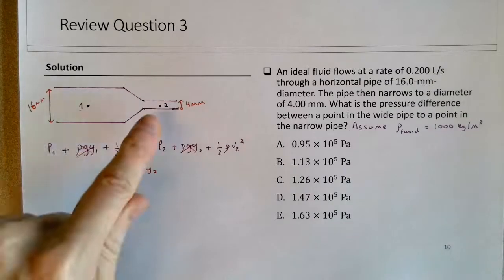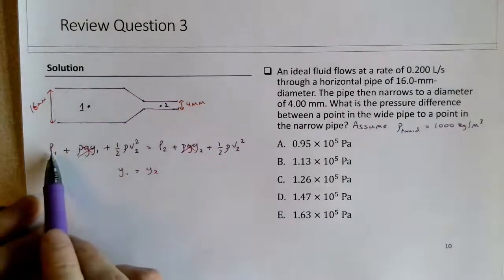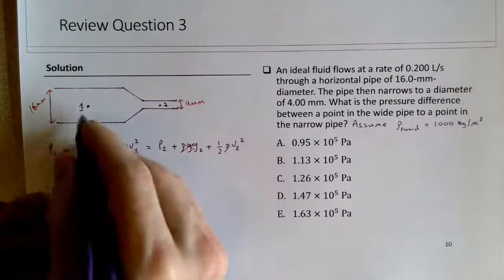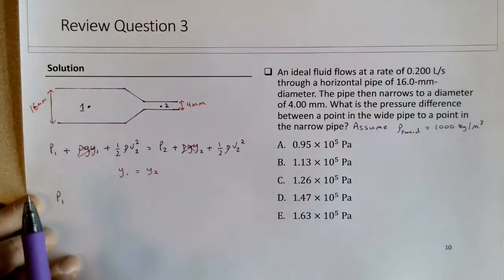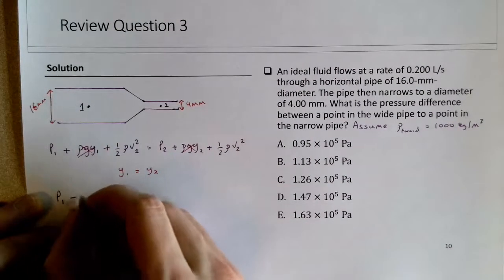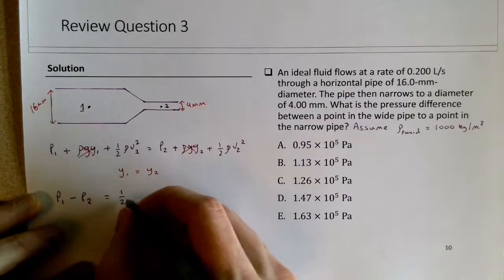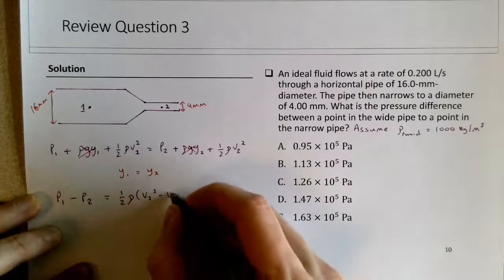We expect the pressure at 2 to be a smaller value since the speed is higher due to continuity. So if I'm looking for a positive value, I'm going to do P1 minus P2. I know the pressure where the fluid is moving slower for an ideal fluid is higher. So P1 minus P2 will be 1/2 rho times v2 squared minus v1 squared.